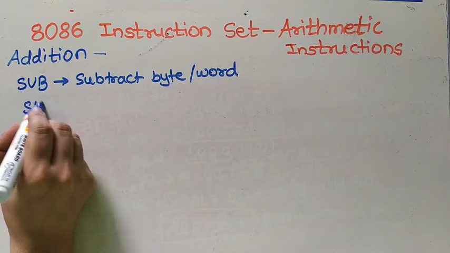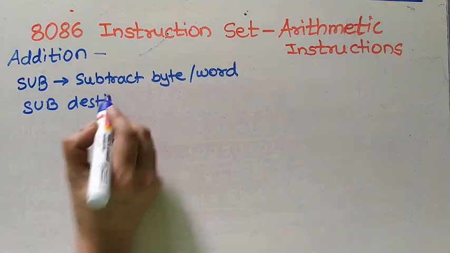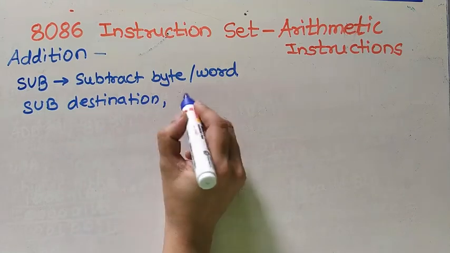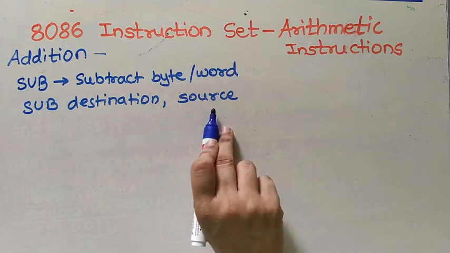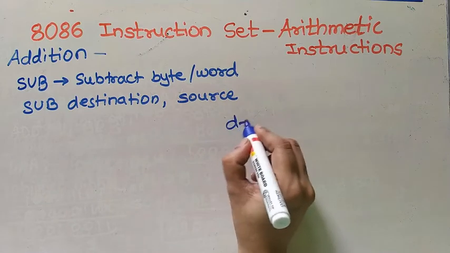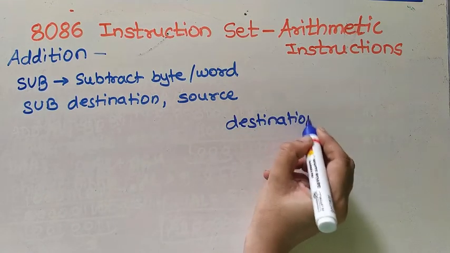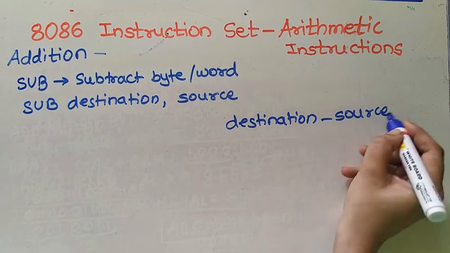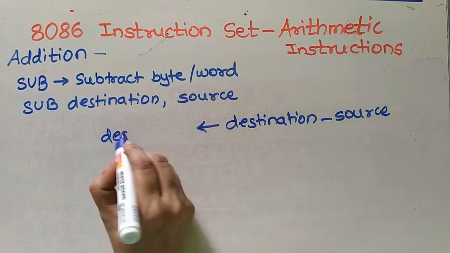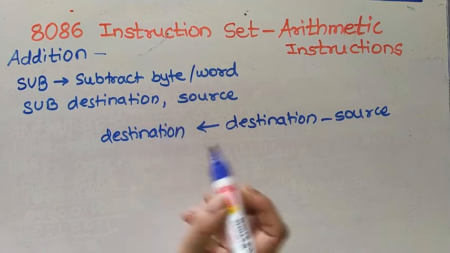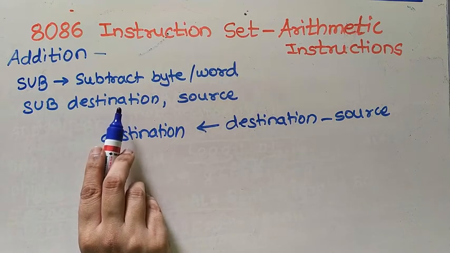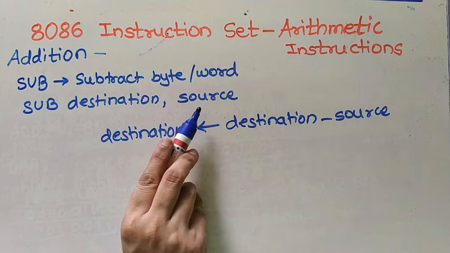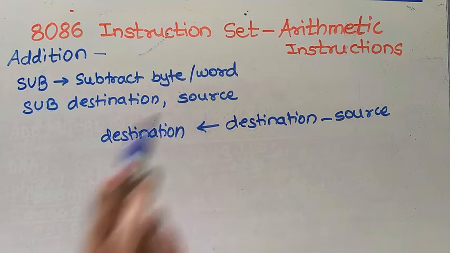Mnemonic is SUB destination, source. Here the contents of source are subtracted from destination, that is destination content minus source content, and the result is stored into the destination. Source and destination are registers or memory location, or source may be an immediate number. Both cannot be the memory location.